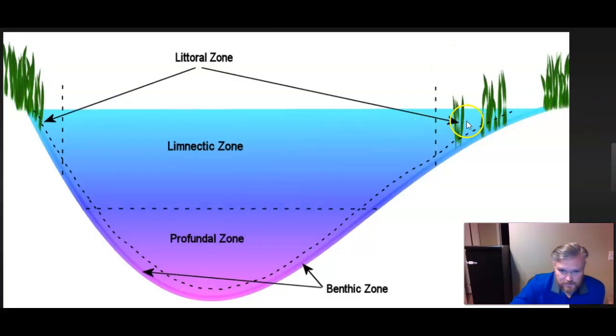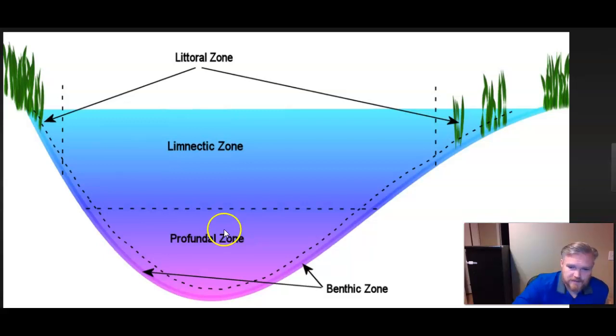If we look at some other divisions, just to give you some different views, this one again shows your littoral zone on the outsides, the shore areas. And then your limnetic zone is the open water zone that is above the profundal zone. The profundal zone, again, if I didn't say it, is the area that gets very little light. You can't support any plant growth down there.